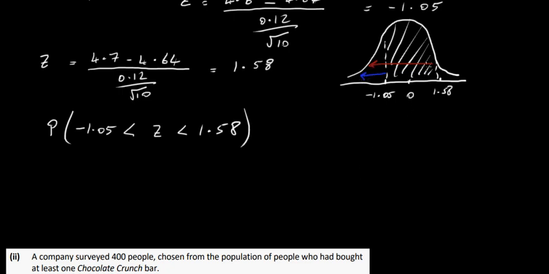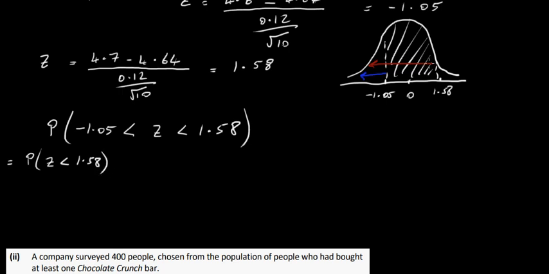So we're going to work this out: probability of being less than 1.58 standard deviations above the mean, minus the probability of being less than minus 1.05 standard deviations, and that will give us our area in the middle. So let's just write that out. So this is going to be equal to the probability of z being less than 1.58.